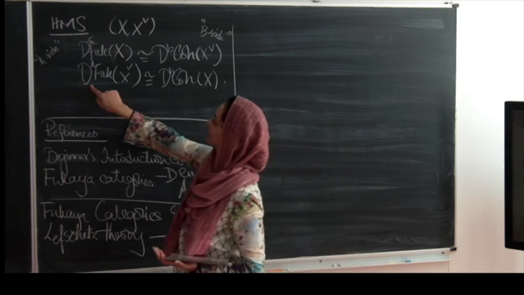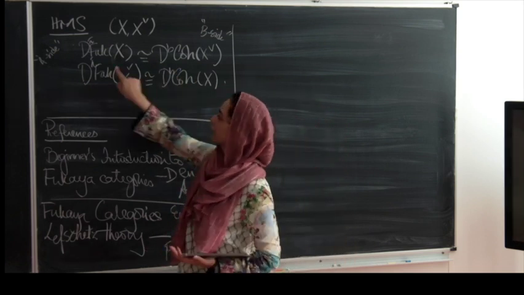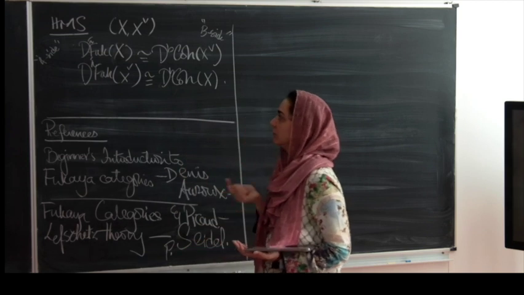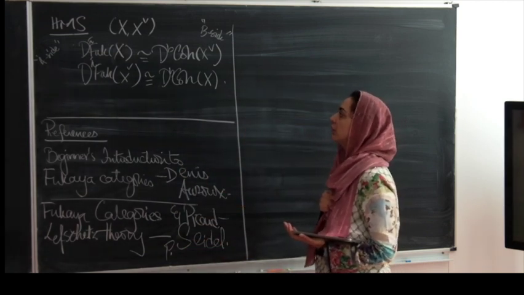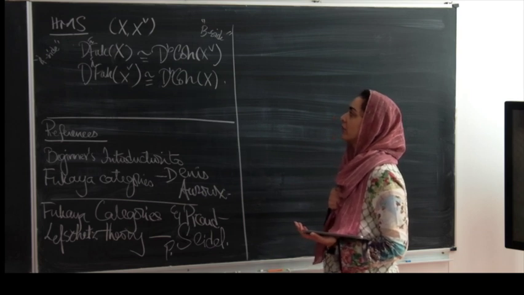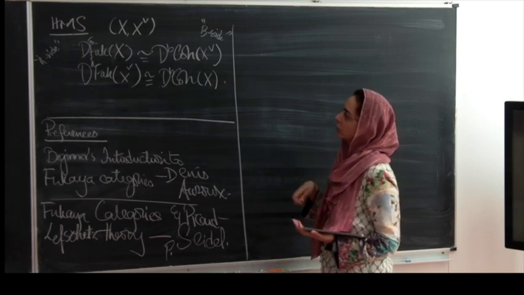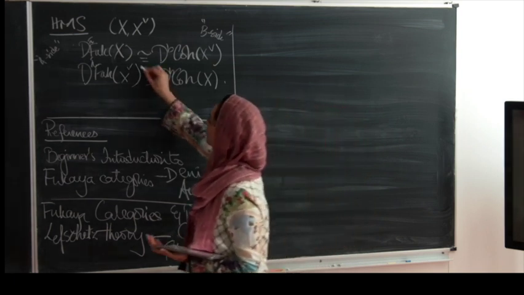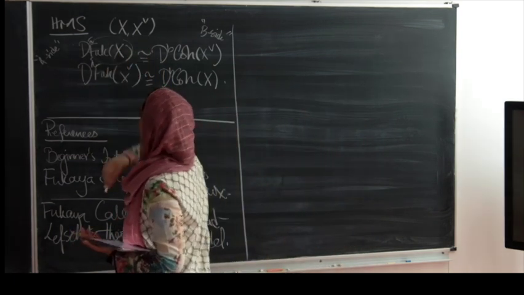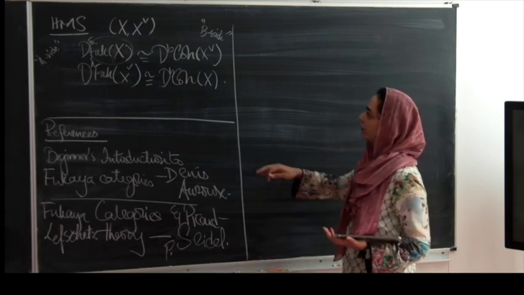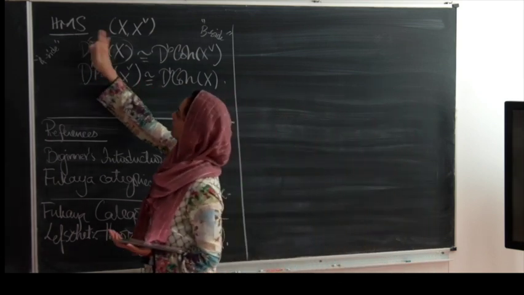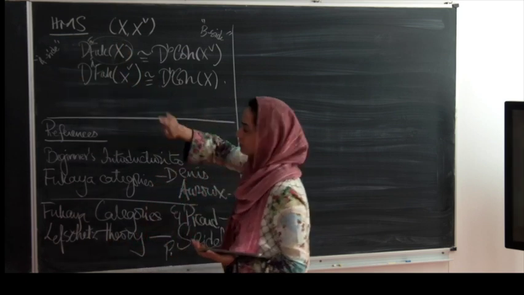Okay, so we know now how to make sense of the term equivalence between categories. Moreover, we know what the D stands for, some sort of categorical localization, making a quotient out of a category, and that's the derived category. So what we don't know is this thing over here. Homological mirror symmetry has been established for a bunch of examples.